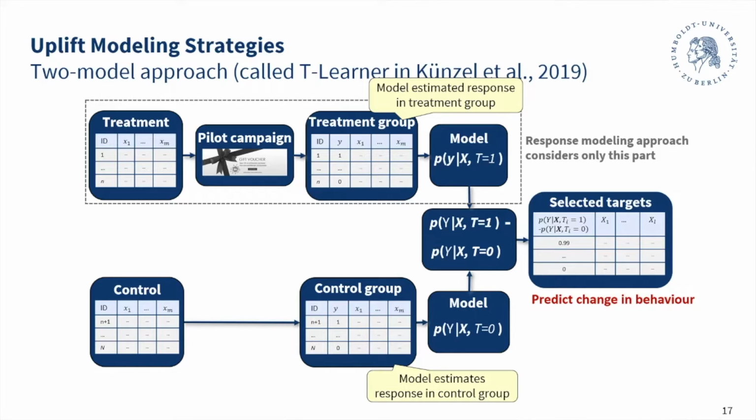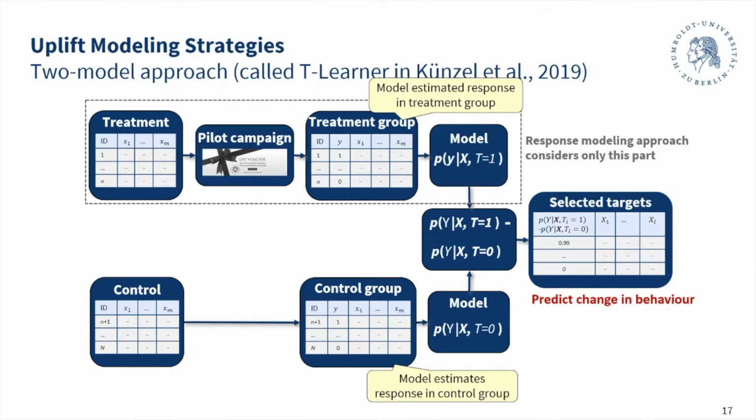So in the following, I will always assume that I have control group data. Companies must invest money to get this data. They must be ready to target some people at random to buy the data that they need to build causal models.